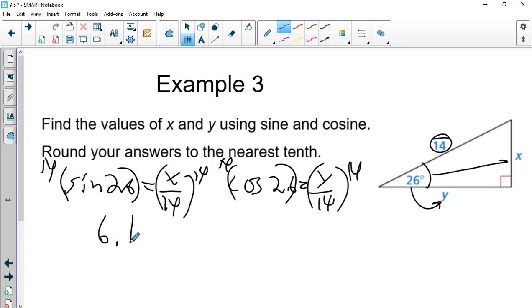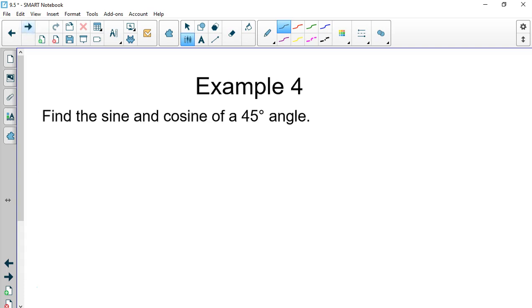It says round to the nearest tenth. And we type in 14 times cosine of 26, you will get 12.6. That's for y, and that's for x. A lot of calculator work here.